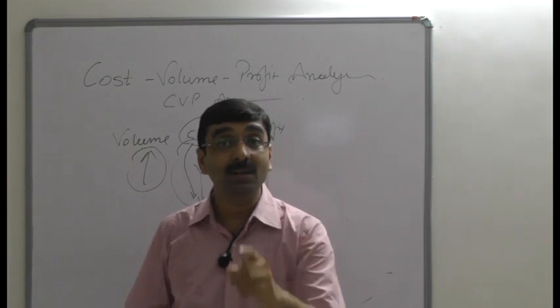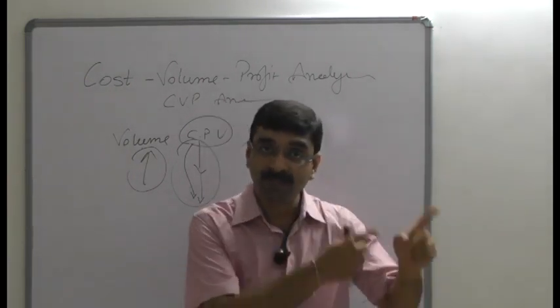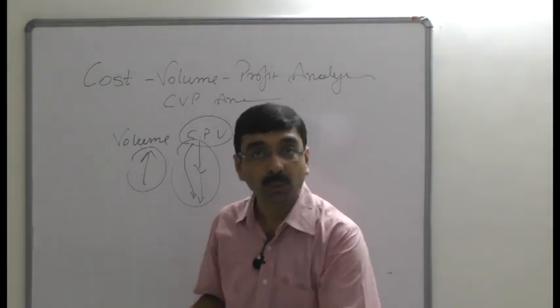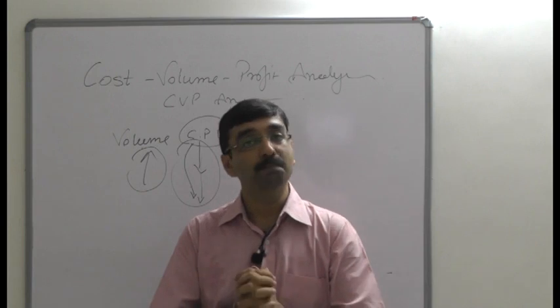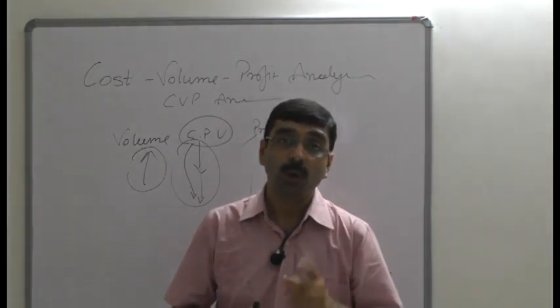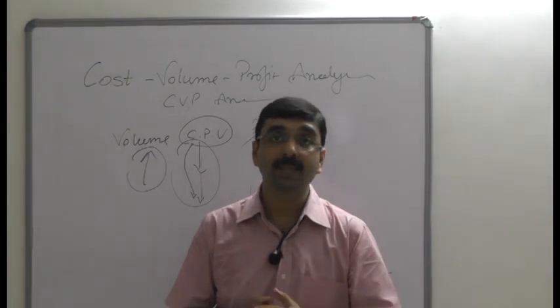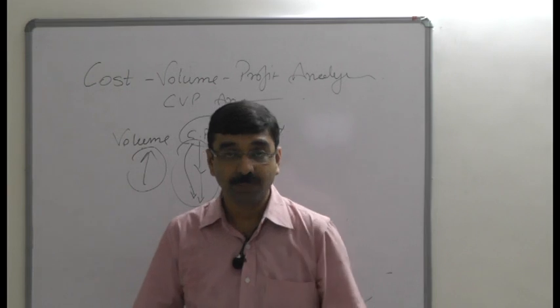This CVP analysis may be applied for profit planning, cost control, evaluation of performance, and decision making. The CVP analysis provides useful results only when certain assumptions are made, such as fixed costs do not change.